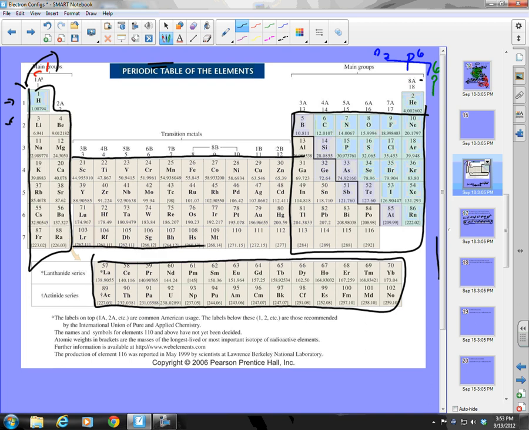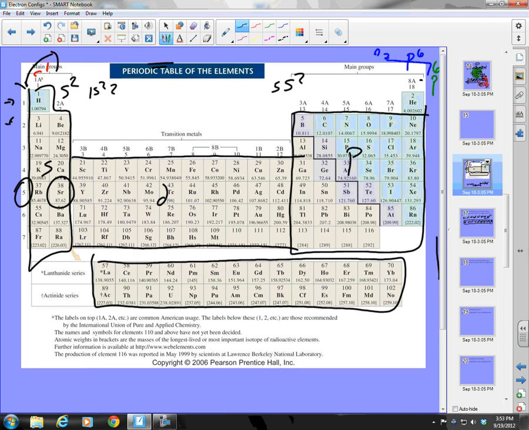Okay, and we want to do strontium. Where is strontium? Strontium's right here. It is in what block? Strontium is in my S block, S, D, P, right? So it's in my S block. It is under an S2, and it is what period? 5, so it's going to end as 5s2.